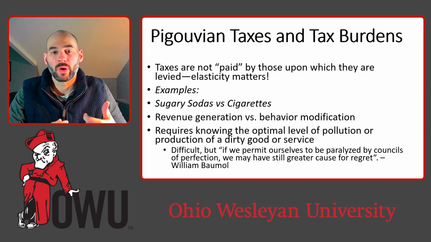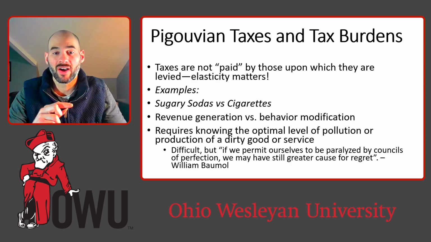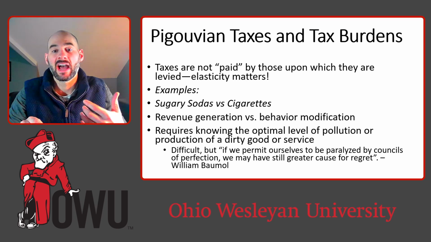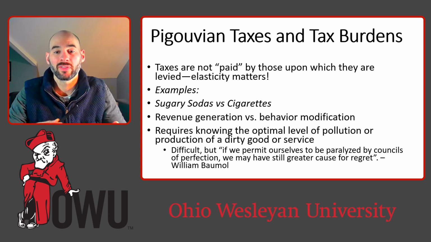And so on the following slides, I'm going to illustrate this using an example of a tax on producers selling sugary sodas or a tax on producers selling cigarettes. We're going to consider how elasticity matters in both those cases and how that impacts who actually pays for the tax.